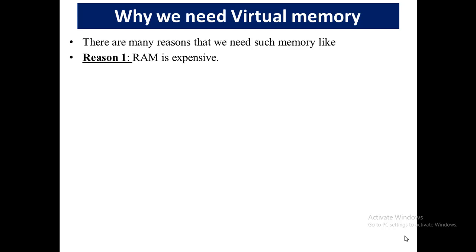It was very difficult in the start to purchase more RAM to make your system smarter and faster. So the first reason was to have a memory on which we never have to spend money, and that would be cheaper.